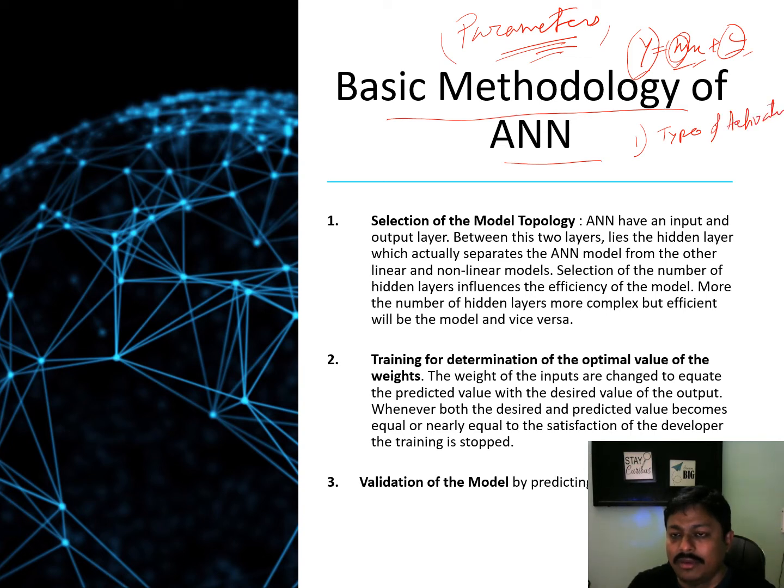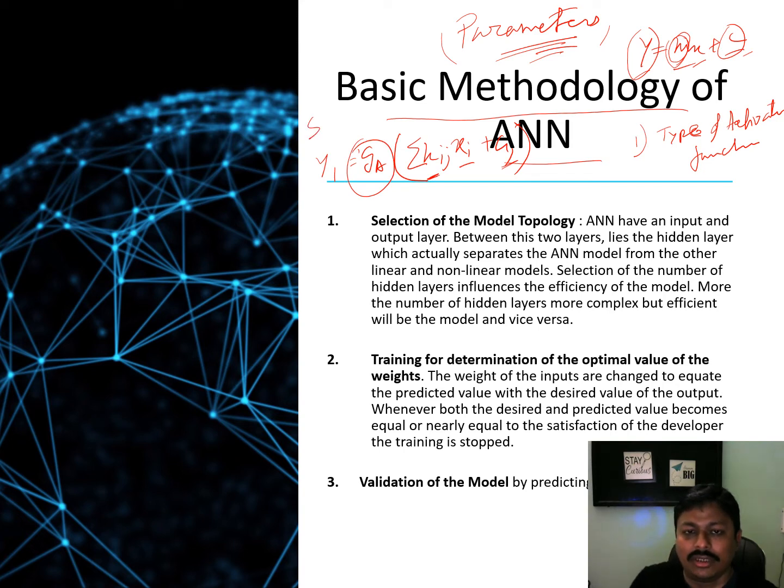In the previous slides, I have already said what this activation function is. That is your y equals G of the sum of H times X, plus A. Here H is your weight, X is your input value, A is bias, and G is your activation function.